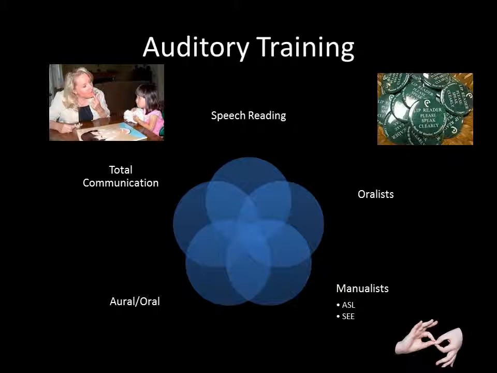So the speech language pathologist or audiologist might use visual cues, videotaping, mirrors, pictures, sensory cues, forming sounds in the mouth, and feeling the larynx when it vibrates versus when it doesn't vibrate, so they can tell the difference between certain words and sounds.